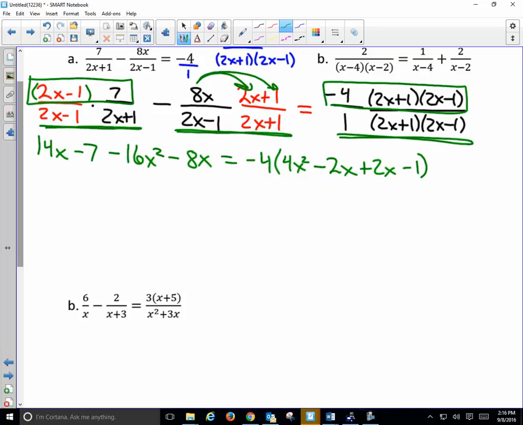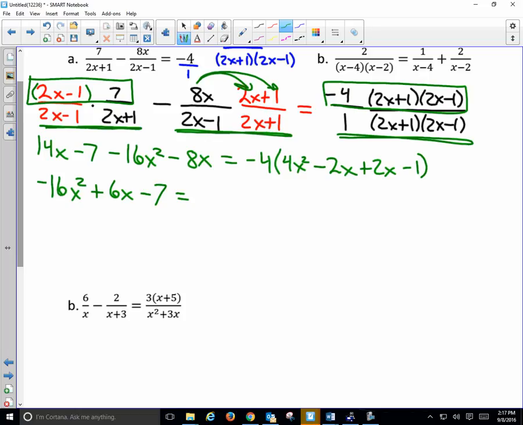It's a lot of stuff, isn't it? Let's get rid of a bunch of it. How does that sound? What can we combine together here? What are like terms you can combine together? So it's negative 16x squared. And if I combine the x's, I have a plus 6x minus 7. Are we okay with that?